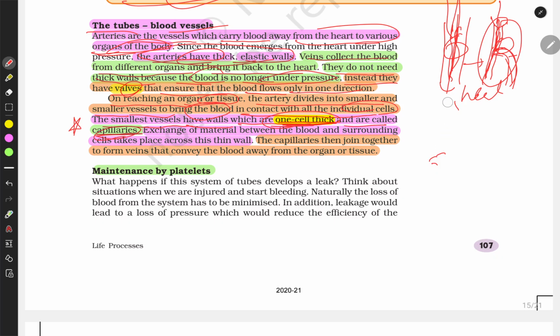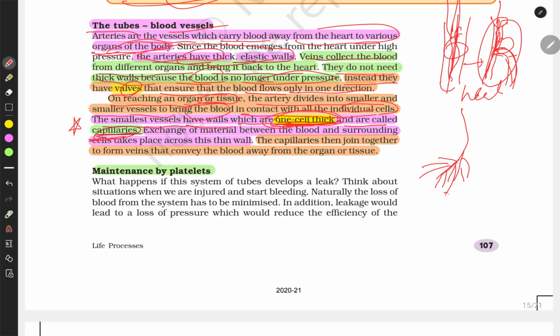So when the arteries reach the organs, they branch into multiple vessels, and these vessels near the cell are only one cell thick. These vessels are capillaries.